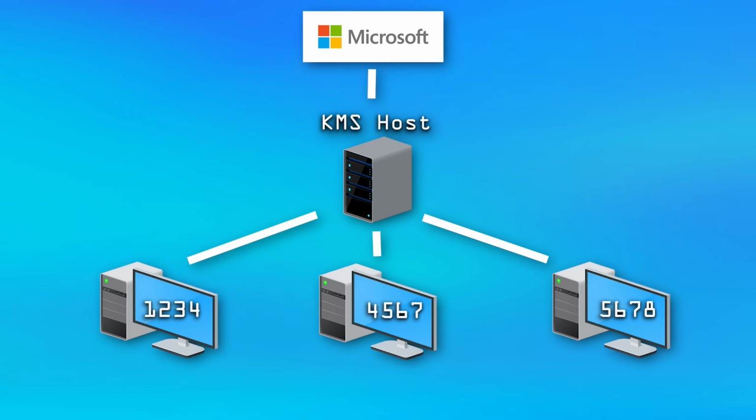So instead of all your computers interacting with Microsoft, the KMS host server consolidates all that and then just sends one thing to Microsoft. Effectively, that's a very simplified explanation, but that's how it works.